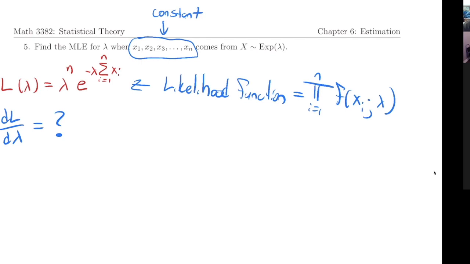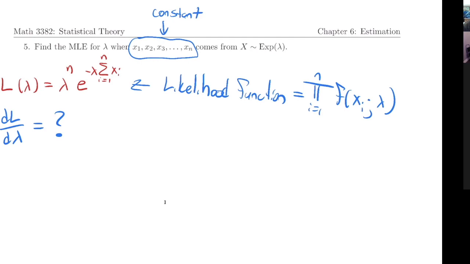Let me just say that that's not an easy derivative to calculate. And not only that, after we find the formula for the derivative, we would then have to solve for when the derivative is equal to 0.